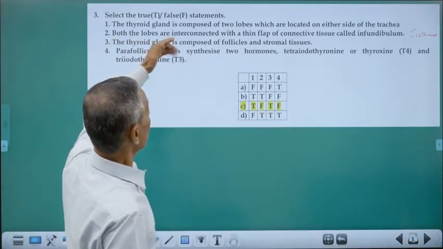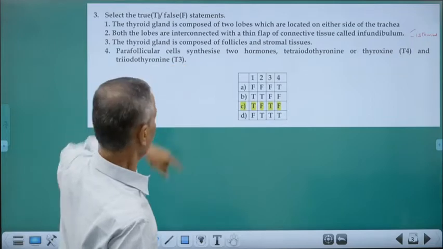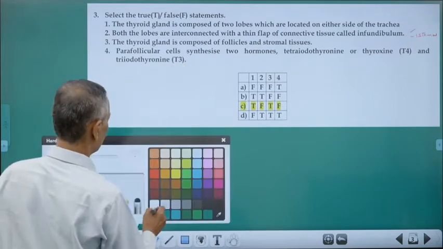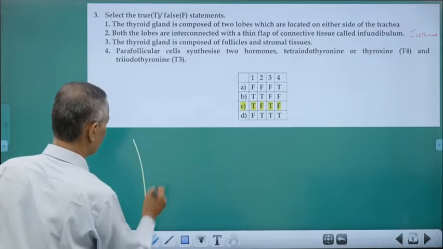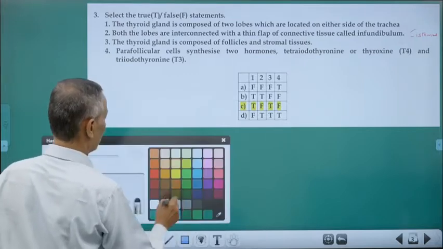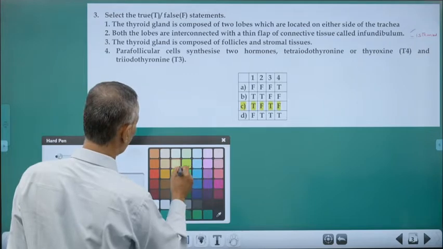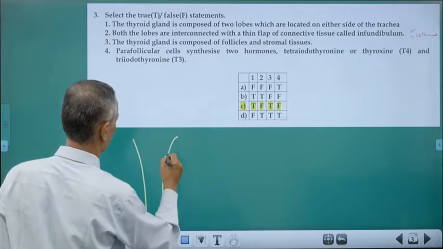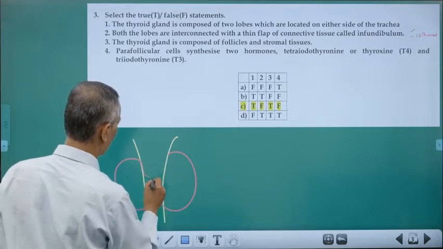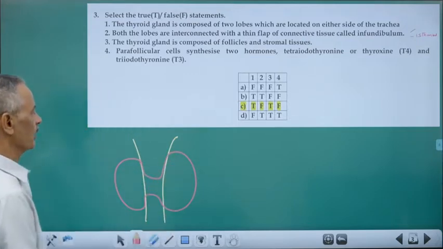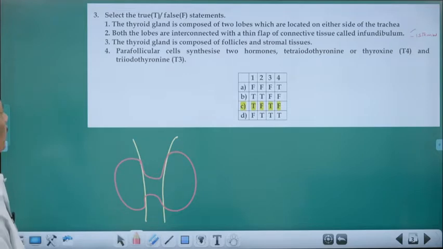Thyroid gland is composed of two lobes which are located on either side. Remember, this is called the butterfly gland because of its shape. It consists of two lobes which are connected together by an isthmus, a bridge. That's why it is called butterfly gland, largest endocrine gland.